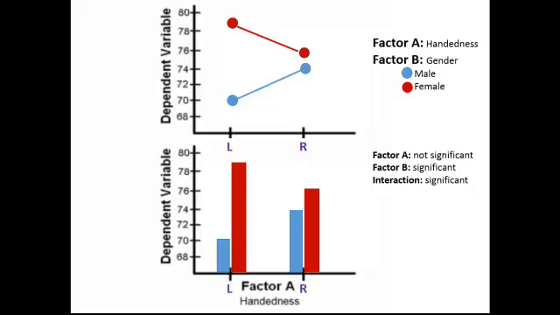And our last example here is still looking at the same premise with handedness and gender. One important thing to point out with any of this: when we look at our factor A, we're only looking along our x-axis here, regardless of the other groupings. So in this case we have handedness, but if we had 3 different groups that fell under factor A, we're still going to do the same thing.